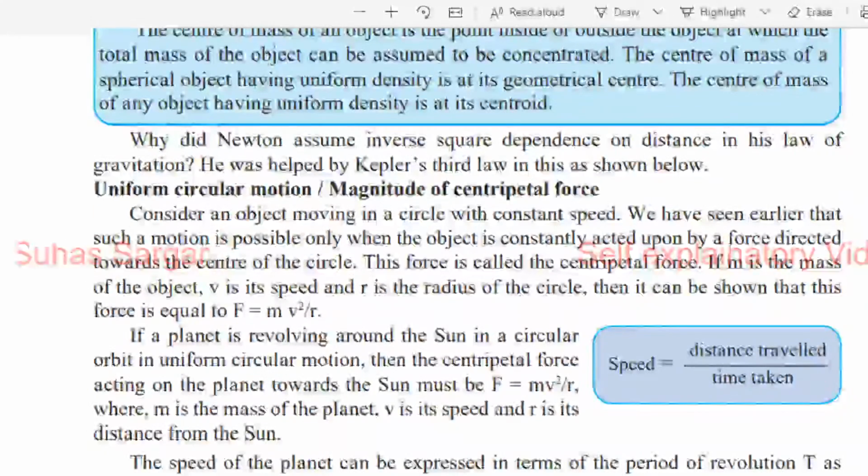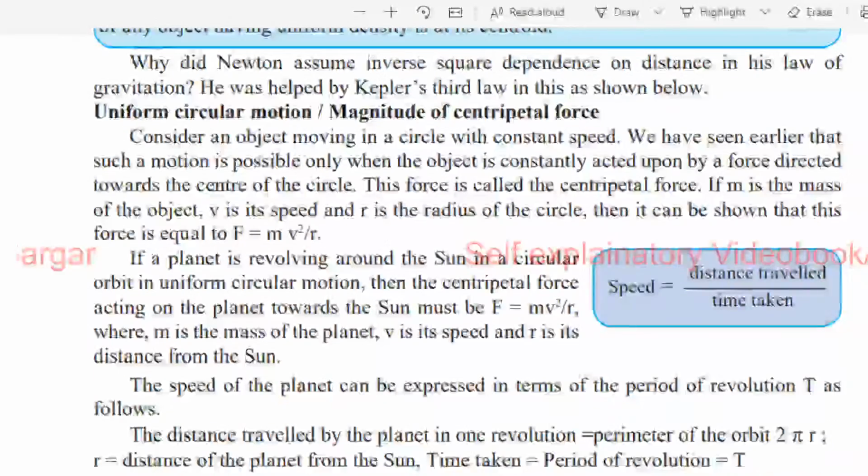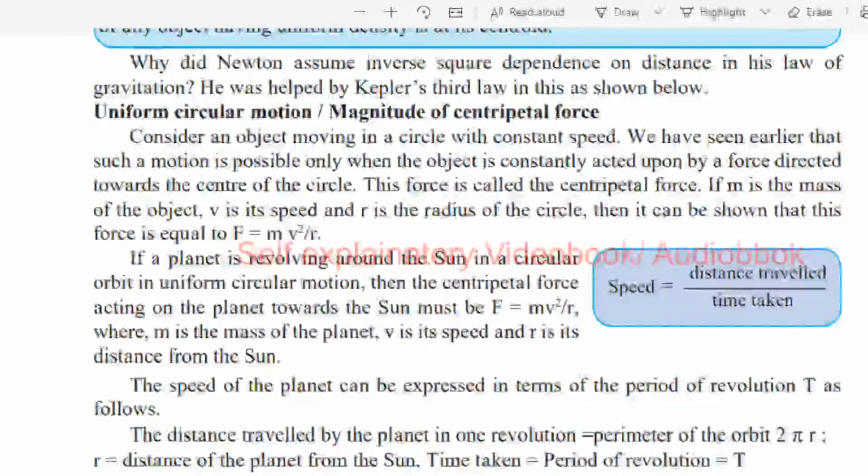Next topic, uniform circular motion and magnitude of centripetal force. Consider an object moving in a circle with a constant speed. We have seen earlier that such a motion is possible only when the object is constantly acted upon by a force directed towards the center of the circle.